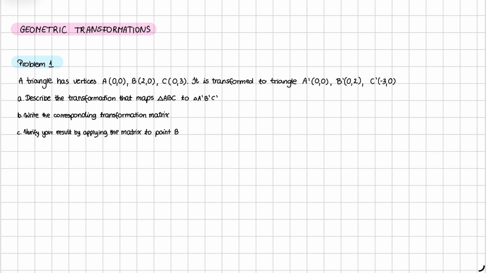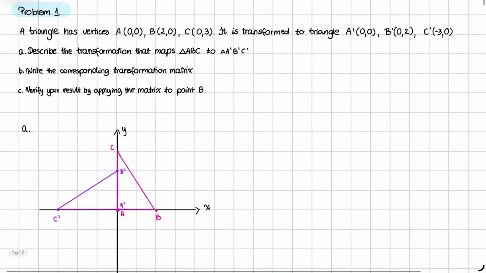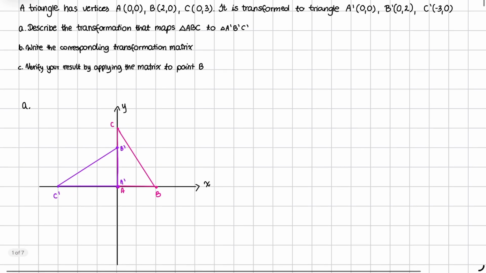So let's just draw our triangles in the coordinate plane. So these are our triangles. The pink one is the original one and the purple is our image. And we can observe that this side that has three units is in here, and this hypotenuse is in here.